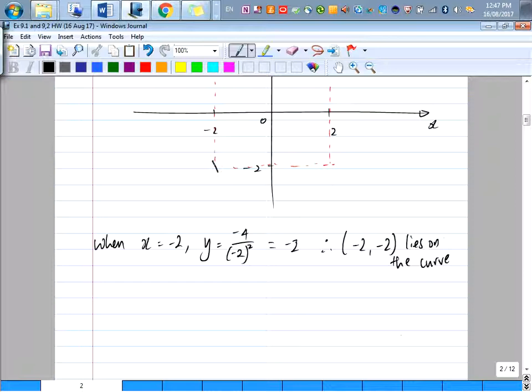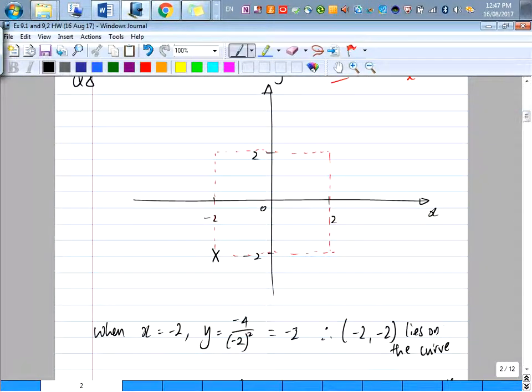It is going to pass through this point. Likewise, when x is equal to 2, y is equal to -4 over 2 squared, which is still -1, meaning (2, -1) lies on the curve. So this is my other point. Okay? And the shape of the graph will look like this.